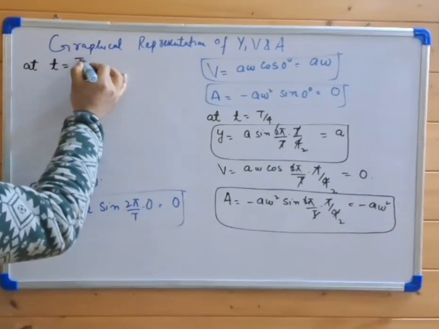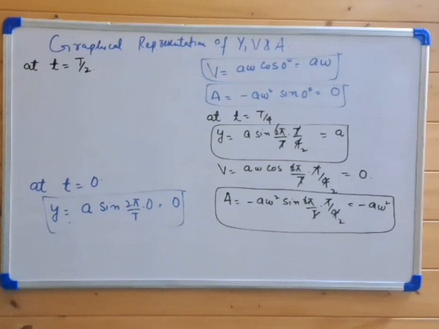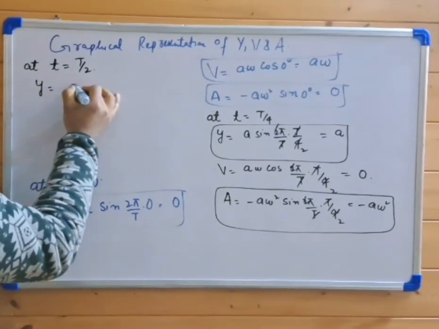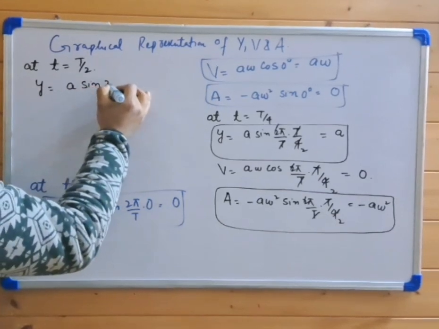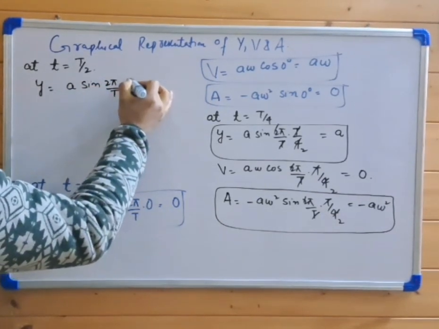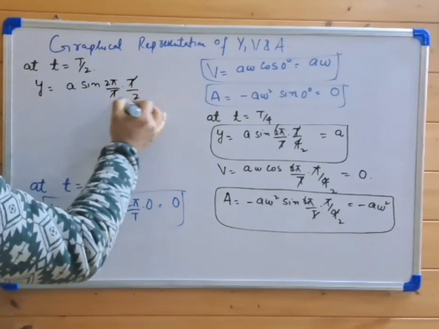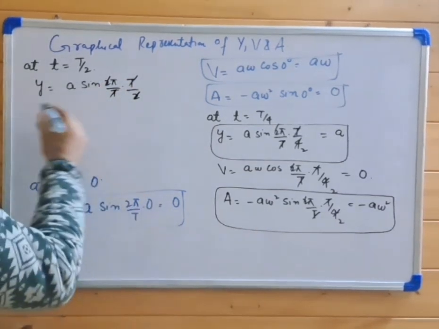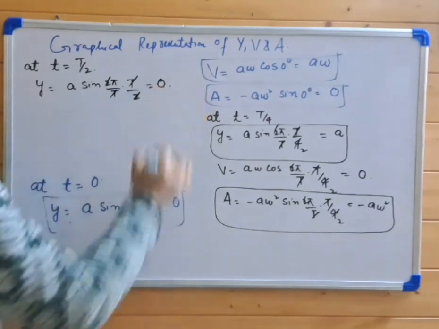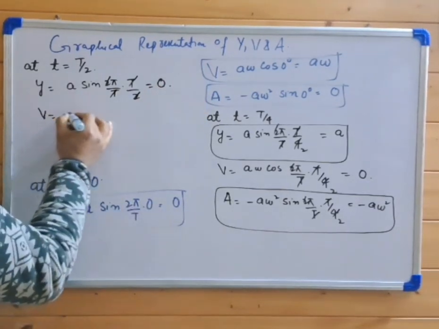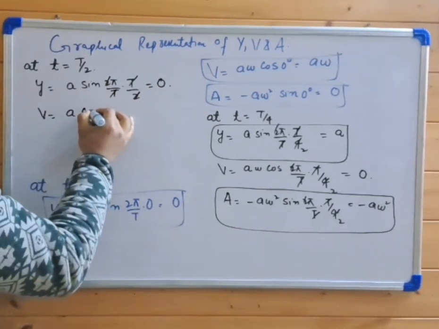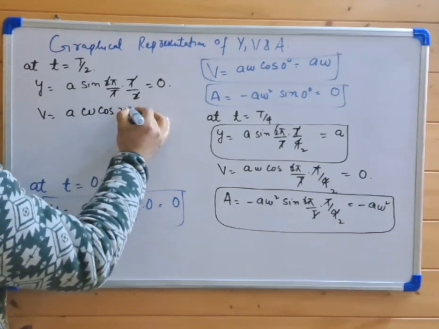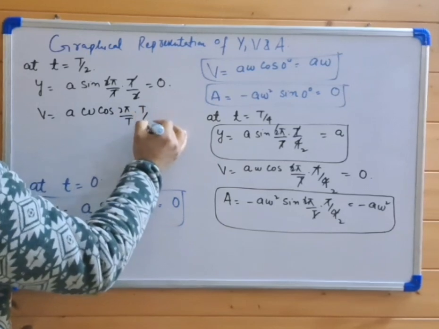T equals T by 2. Now displacement is equal to a sine of 2 pi by T into T by 2. T and T go, 2 and 2 go. Sine pi is 0, so y is equal to 0. Velocity is equal to a omega cos of 2 pi by T into T by 2.